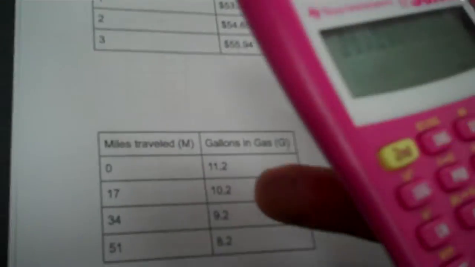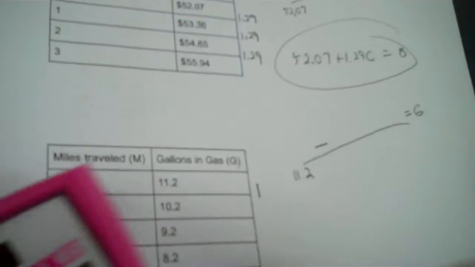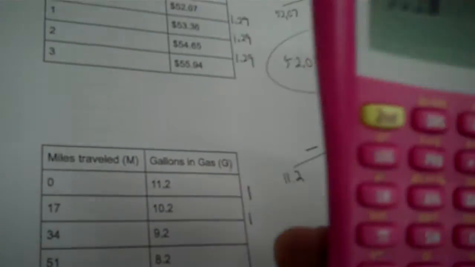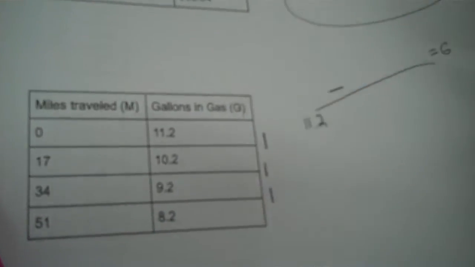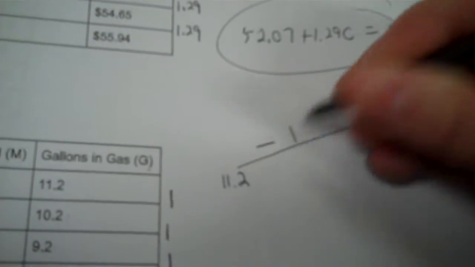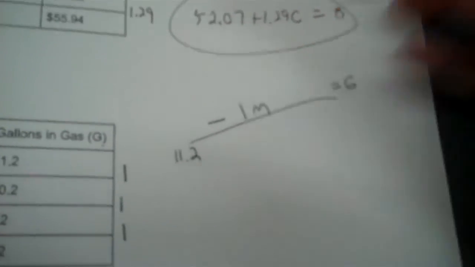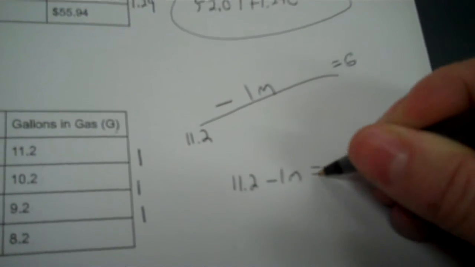Okay, so I take 11.2 because that's the highest number minus 10.2, and that's 1. Then I take 10.2 and subtract 9.2, and that's 1. Then finally I take 9.2 minus 8.2, and that's also 1. Okay? So I'm subtracting 1 all the way through there, but instead of 1x, we're going to put 1m because it's every mile. Now write that equation out. 11.2 minus 1m equals g.